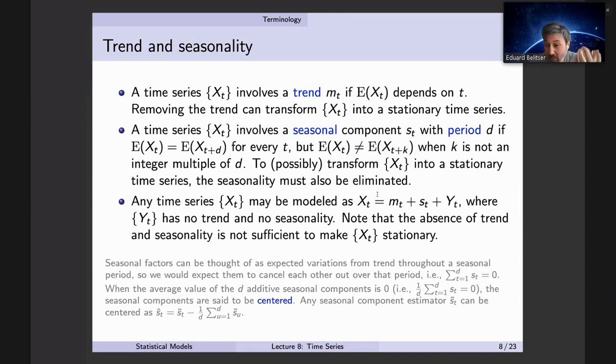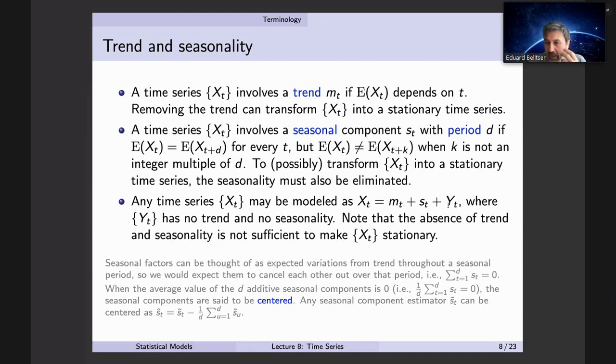And in principle, you can always write it down. You can always think of xt as some mt plus st plus the rest. It's always possible, right? So the question is, what is that rest? So this is a trend, this is the seasonal component, and this is the rest, whatever that is.